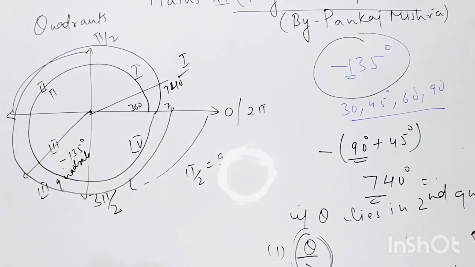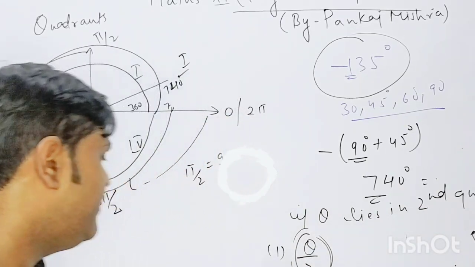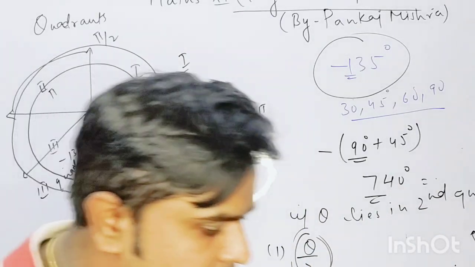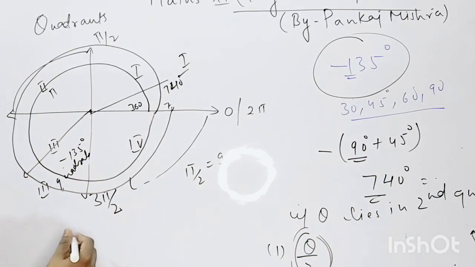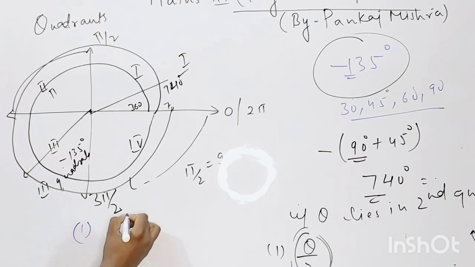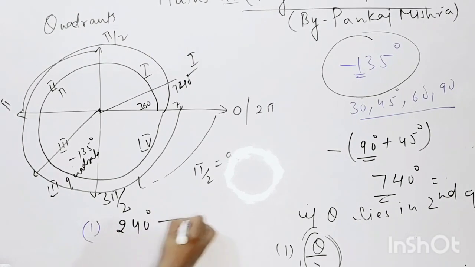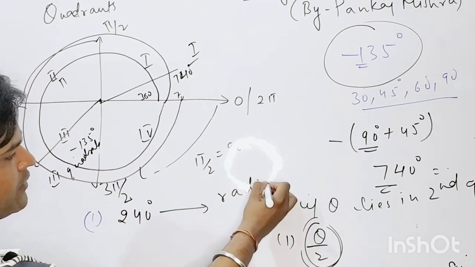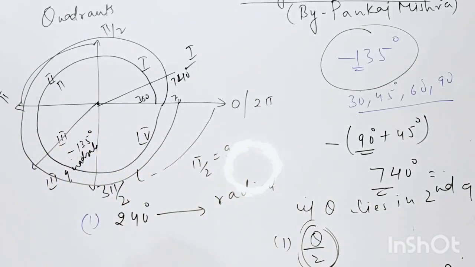Now if the case is for radian and degree, how are we going to proceed? For example, we want to convert 240 degree into radians. These are the two ways in which angles are measured.